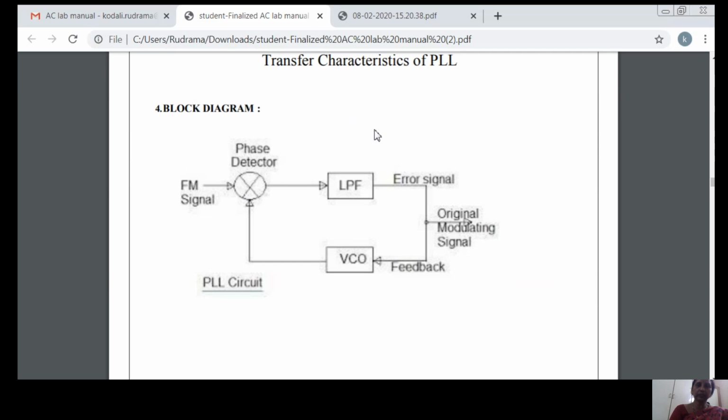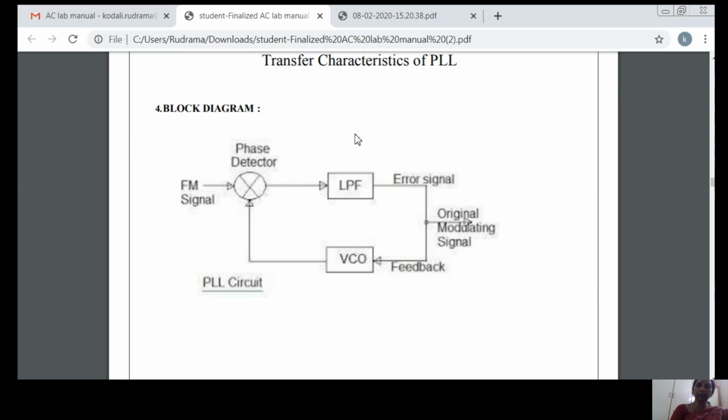This block diagram shows that the PLL consists of a phase detector, a feedback loop, a low pass filter and a VCO. Now see the functions of these blocks.